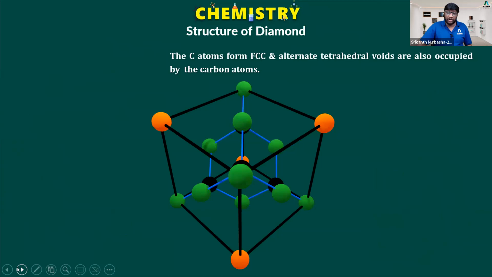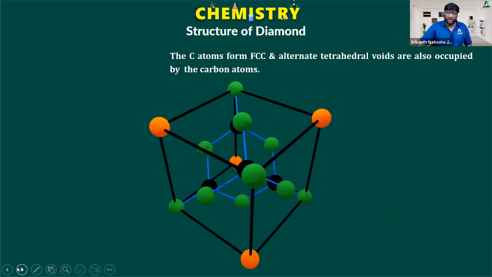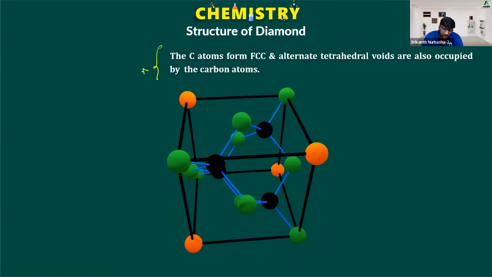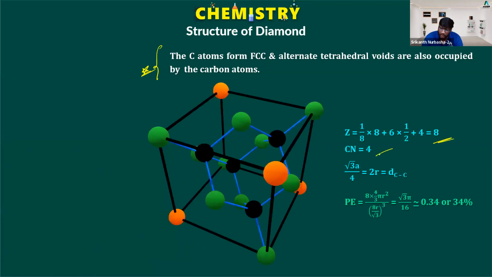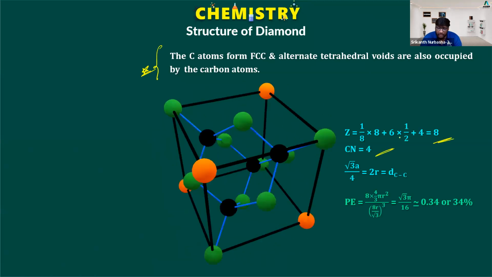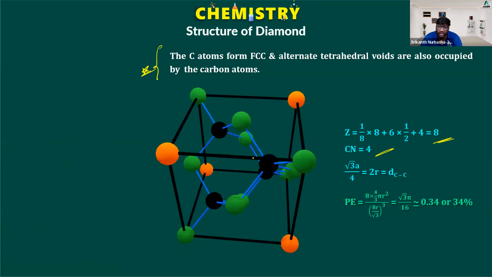The carbon atoms form FCC and alternate tetrahedral voids are also occupied by carbon atoms. What else can we say? Z is equal to 8, coordination number is 4. Coordination number will be 4 obviously because every atom is surrounded by 4 other atoms.